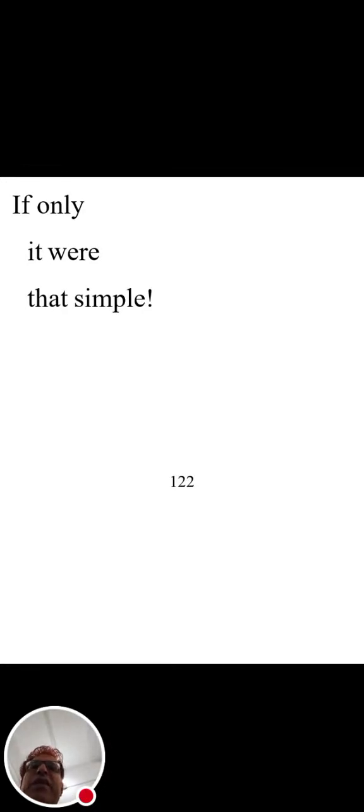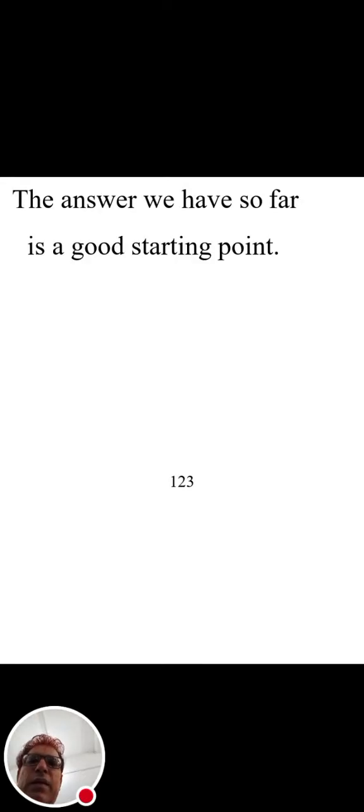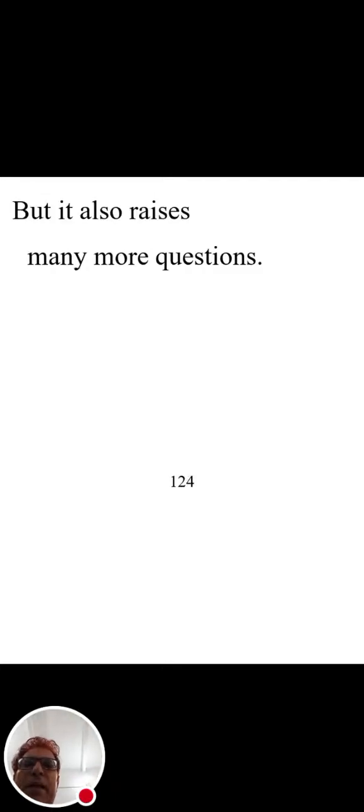If only it were that simple. He says it is not that simple. Explaining democracy is a tough job. It is a complex phenomenon. The answer we have so far is a good starting point, but it also raises many more questions.